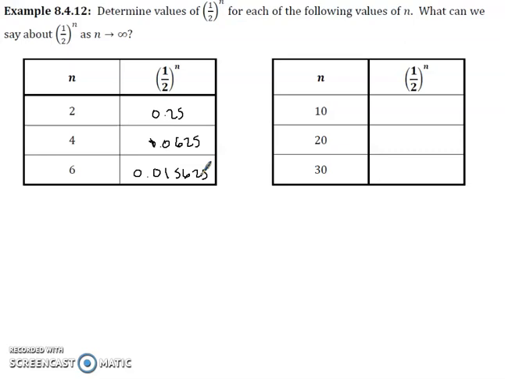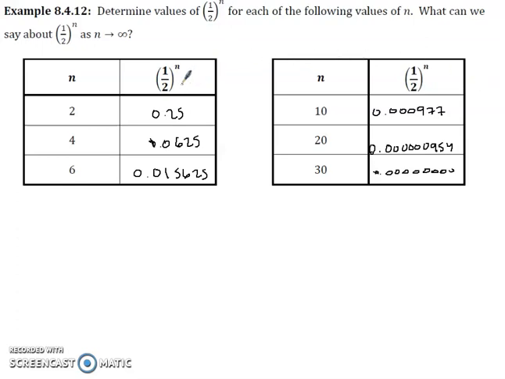To the power of 10, I've got 0.000977. To the power of 20, I've got 0.00000954, and to the power of 30 is 0.00000000, and so on, 931.